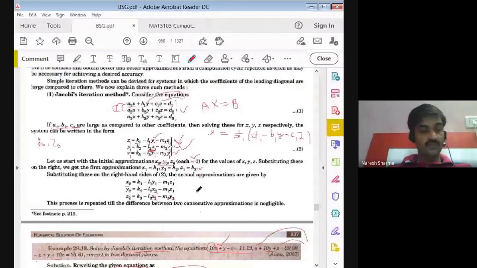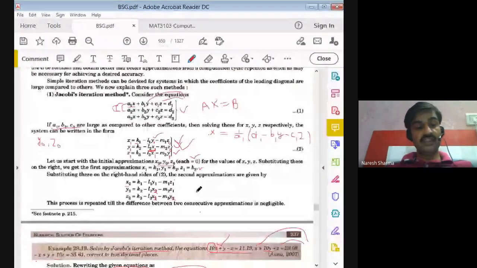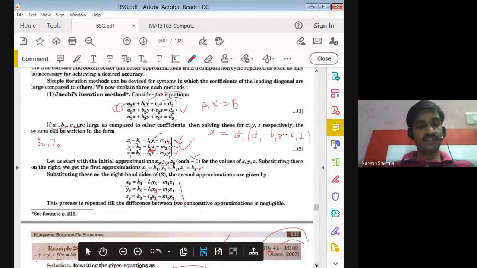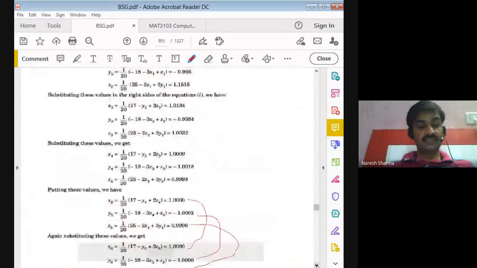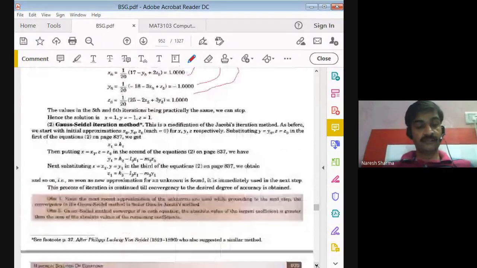So in the Seidel method we put the latest value of x, y, z which is available to us, and the remaining is the same. So let me discuss one example on this for better understanding.